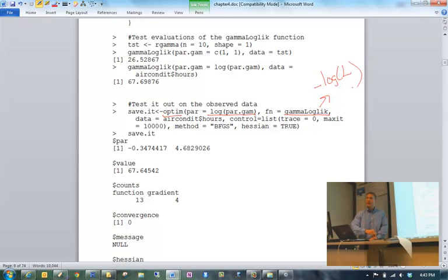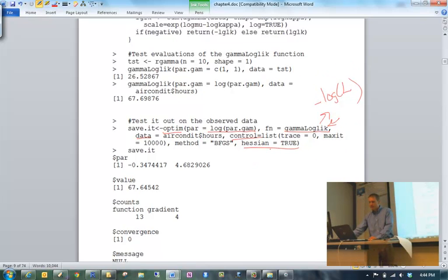If I find the minimum of a negative log L, that gives me my maximum of my log L. This function that I'm going to show you shortly contains the negative log L. I'm going to have to pass in my data to the function, and some controlling aspects of the iterative method in terms of iterations, hessian equal TRUE to give me my estimated Hessian matrix out.